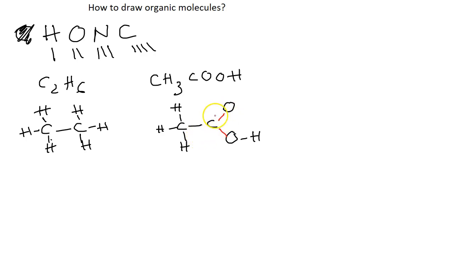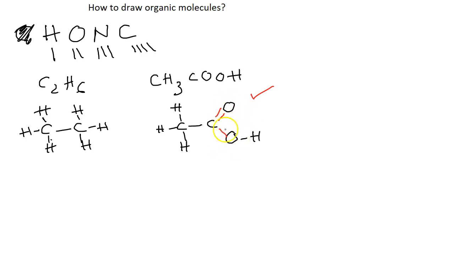So I'm going to use a double bond instead of just a single bond, like so. Now this carbon has 1, 2, 3, 4 bonds. This oxygen has 2 bonds. This oxygen has 1, 2 bonds. So everybody's happy.